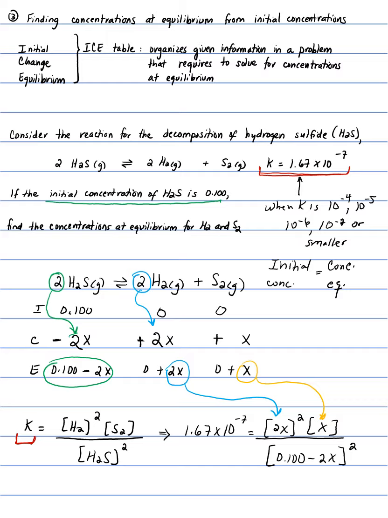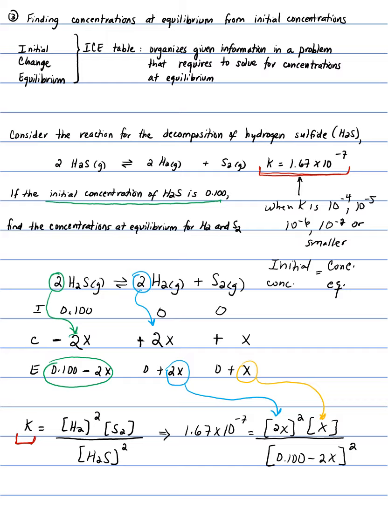Whenever the numerical value of K is a number that is 10 to the minus 4, minus 5, minus 6, minus 7, keep getting smaller, right? 10 to the minus 8, minus 9, they're getting smaller as we increase that negative exponent. Your numerical value of K is getting smaller and smaller.